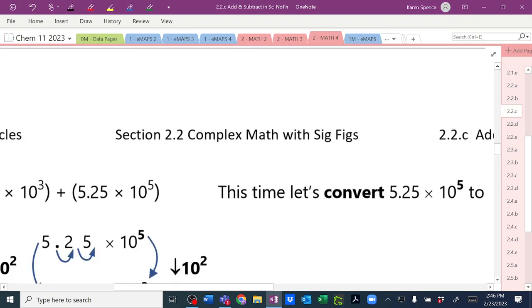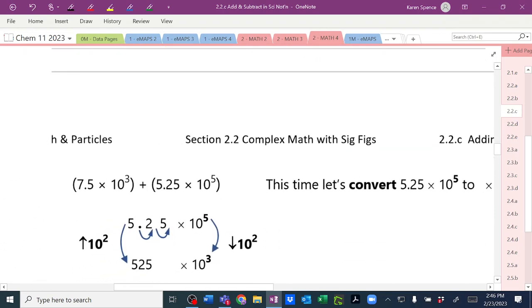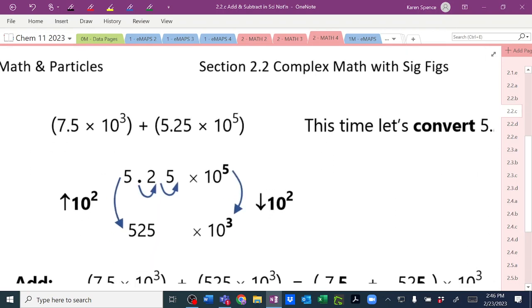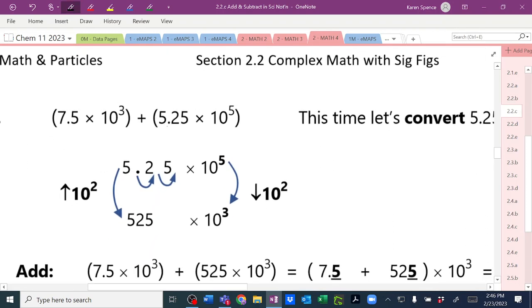So now let's take a look at going the other way, because it doesn't matter whether you convert to 10 to the 3 or whether you convert to 10 to the 5. So let's convert 5.25 times 10 to the 5. Now we're going to convert that times 10 to the 3.